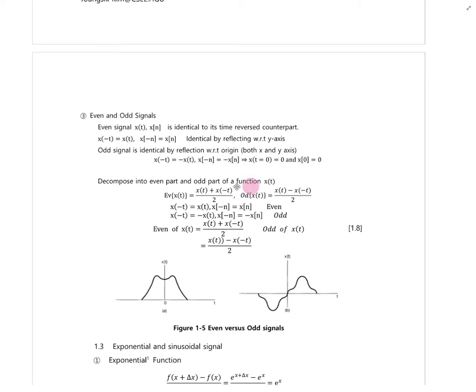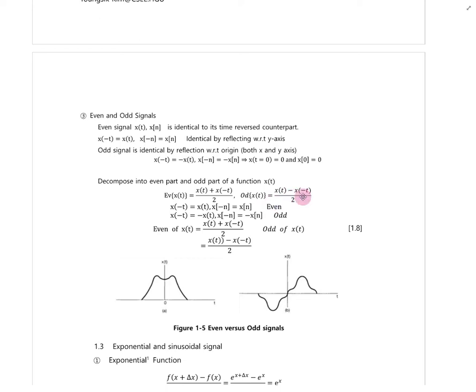Any given signal can be decomposed into an even part and an odd part. If x(t) is neither even nor odd, but you take the average of x(t) and x(-t), dividing by 2, that becomes the even part of x(t). The odd part of the x(t) signal is obtained by taking x(t) minus x(-t), divided by 2.